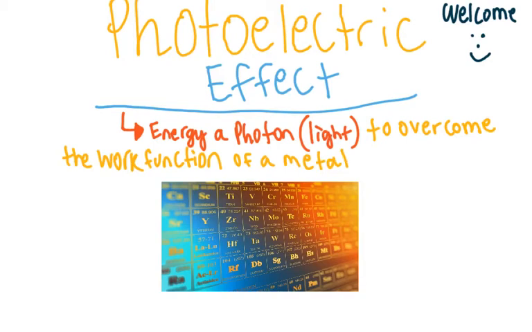If the photon has enough energy to overcome the work function of the metal, then the electron that the photon collides with in the core of that metal will be freed to the surface of that metal. So if the energy of the photon is greater than the work function of the metal, the electron that the photon collides with will be freed to the surface of the metal.